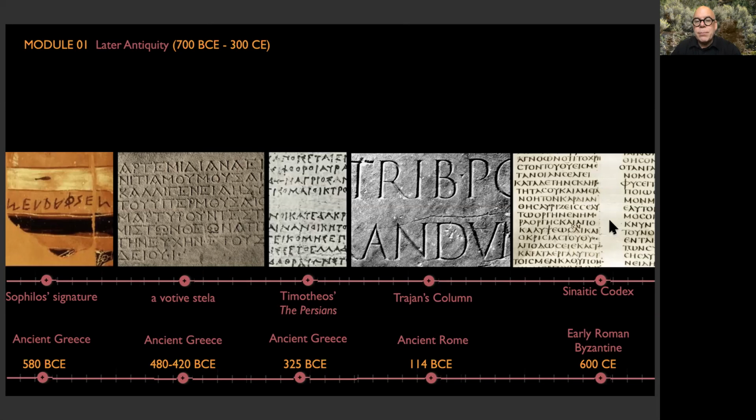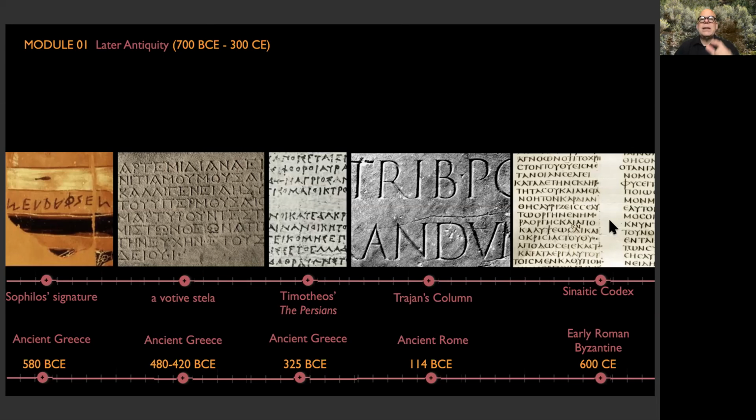In between, I put an example of simple demotic or casual, informal record keeping using the ancient Greek alphabet. And this is from Timotheus Persians or Persei. On the far right, you can see the Sinaitic Codex, as it's called, which is a good example of Byzantine Latin writing in what is uncials.